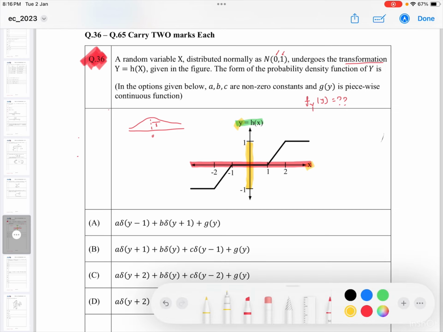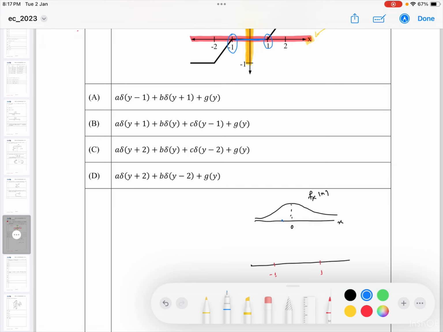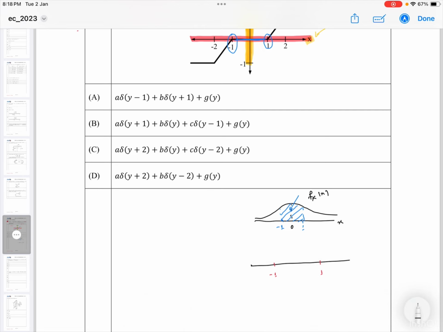So that means this probability will be concentrated at y = 0. So we will have an impulse here, and the weightage of this impulse would be the probability area under -1 to 1 of x, for y = 0.